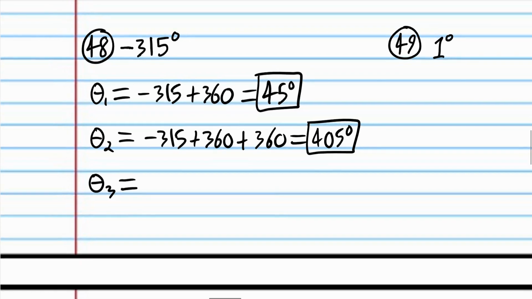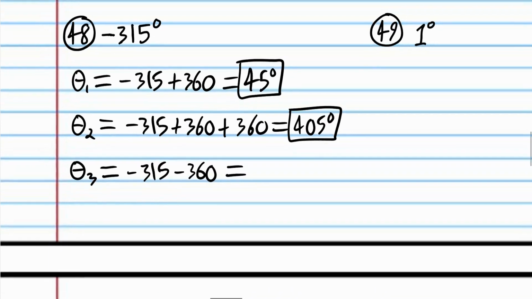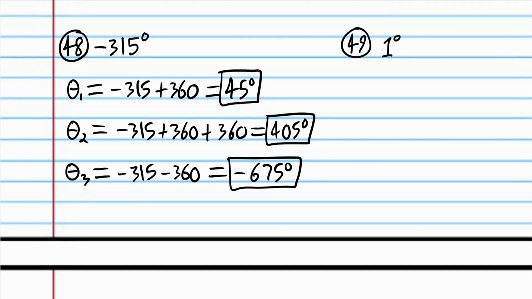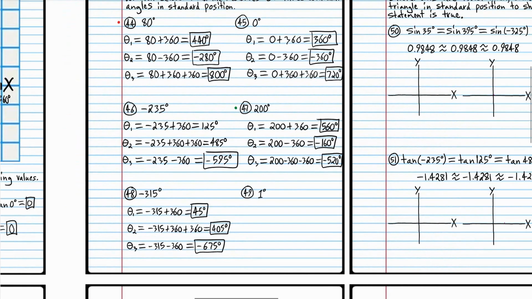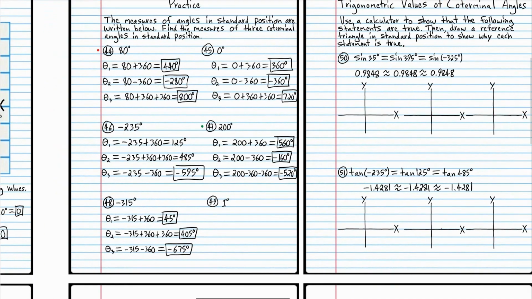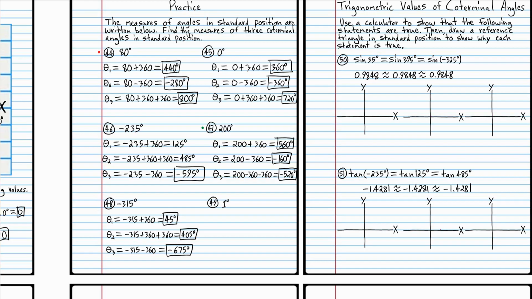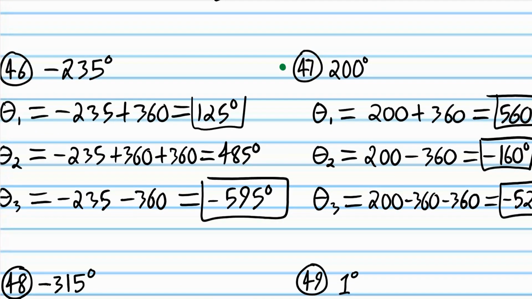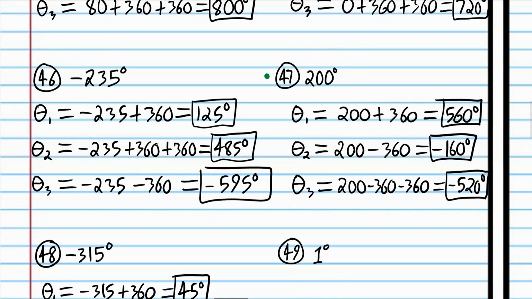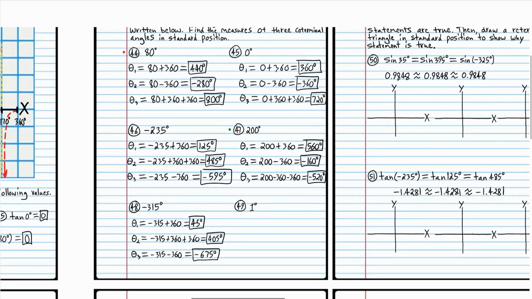And let's try subtracting 360 from negative 315. Then we get negative 675 degrees. All right, so those are just some answers that you could have gotten. You may not have the same number of answers, but those are some possibilities. You may not have the same exact numbers. Okay, try number 49, and when you come back, we'll do it together.